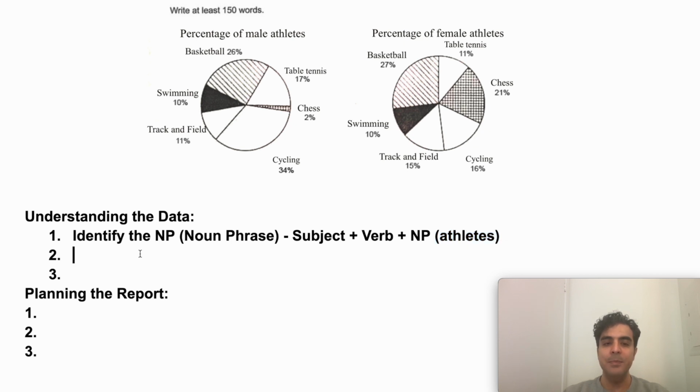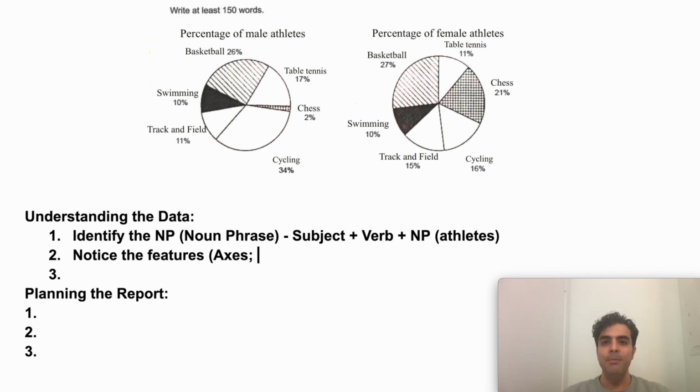Okay, step 2. What you need to do is I want you to notice the features of the chart. There are certain features of charts that we need to very consciously pay attention to and look at the information surrounding them. These are, quite specifically, the axes.